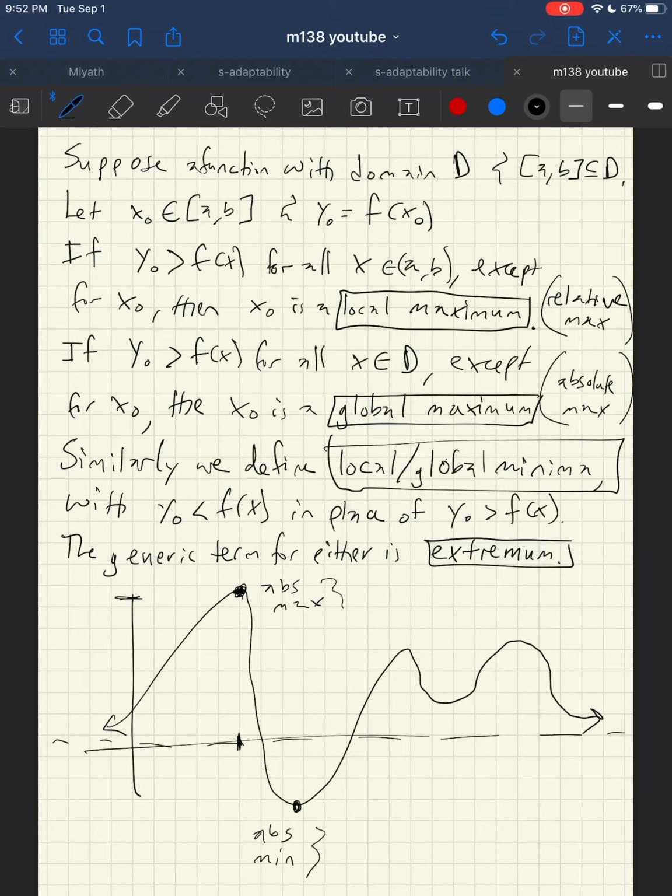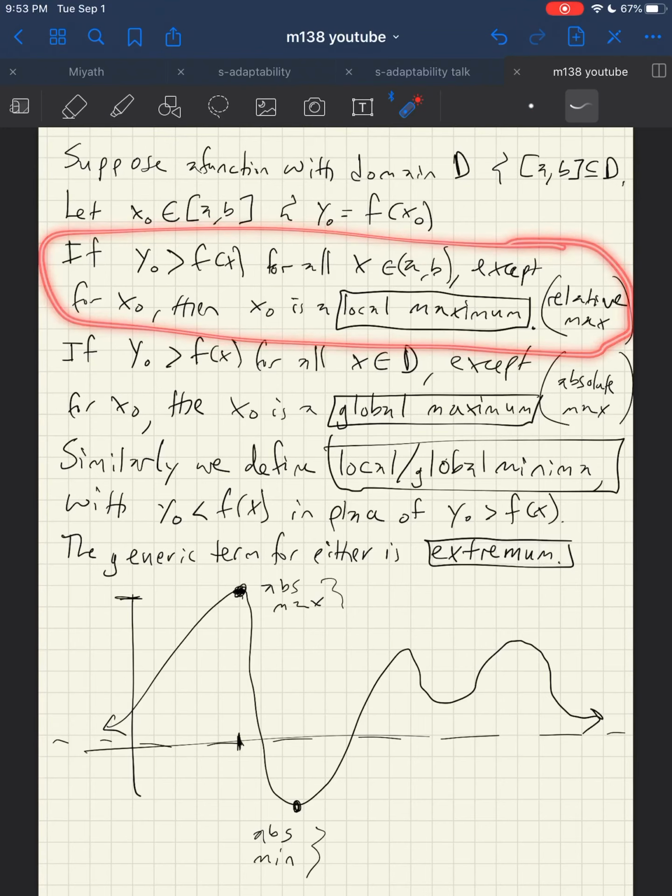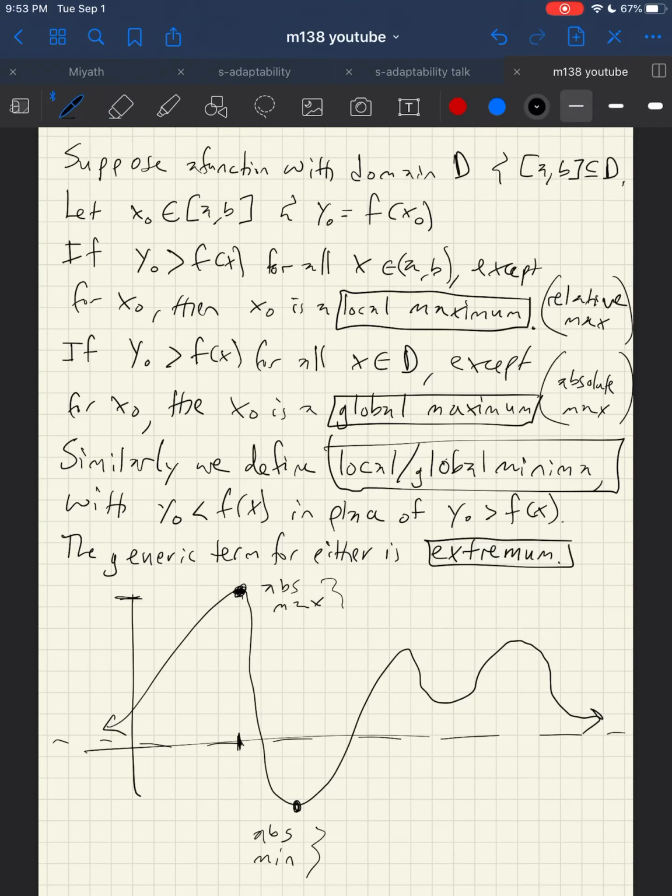But my qualm with that is that clearly any absolute max also obeys this. So I'm not going to fuss too much about that. It's just that this is a relative max, but it is not the absolute max. Similarly, this is a relative min. It is not the absolute min.